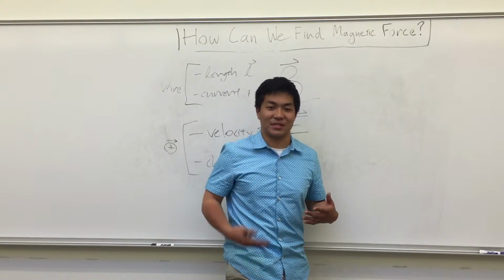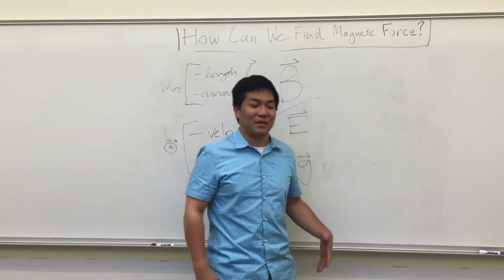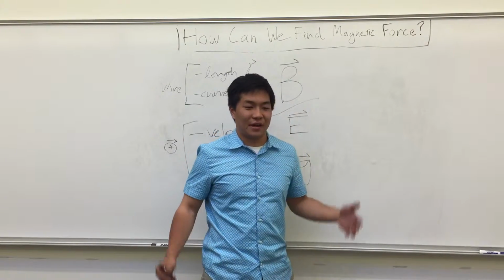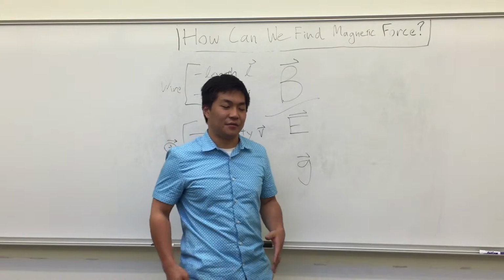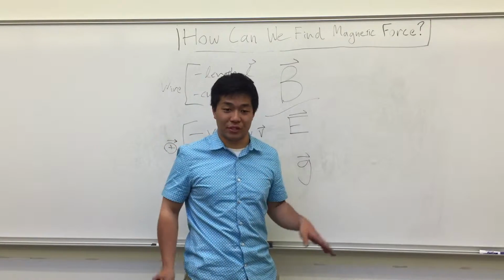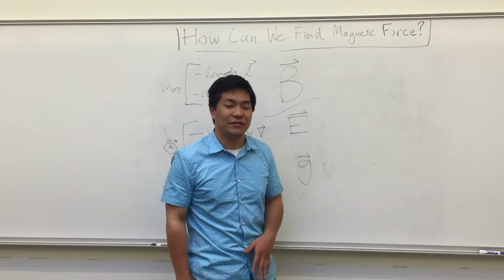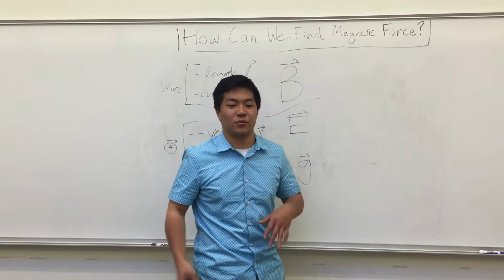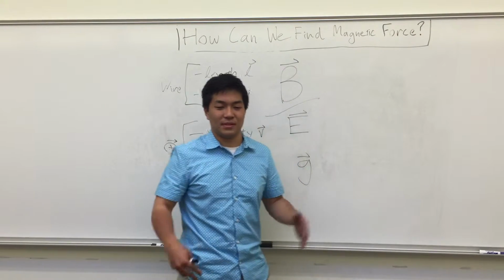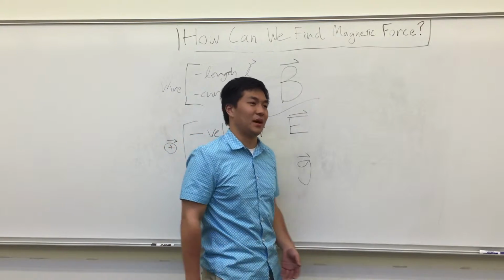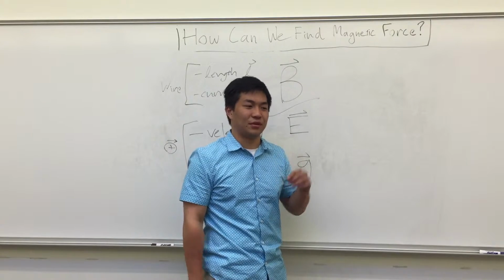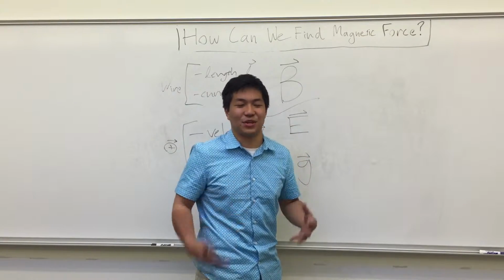I'm not going to do that because I don't want to say how massive I am, but I can say how much mass I have, and then as a result, I could figure out how much force I have, no problem. I don't need an extra direction, and it wouldn't mean anything if I specified a direction. I couldn't just say that I have that much mass north, east, south, or west. It would all just be the same. I would just have that same amount of mass. Just like you can't say an electron has negative charge up or negative charge down. It just has negative charge.